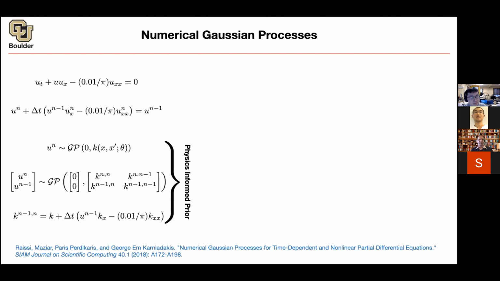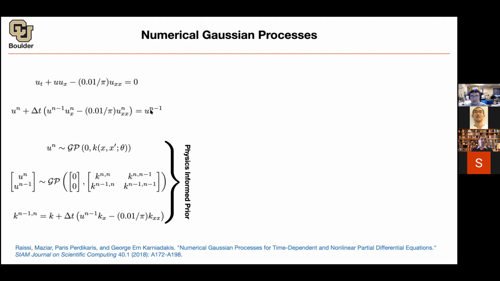What is the definition of a physics-informed prior? What do we mean? Any samples that you generate from this distribution, this prior, are going to satisfy this relationship by construction.